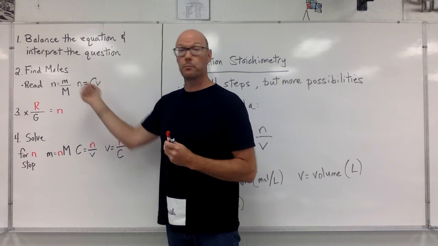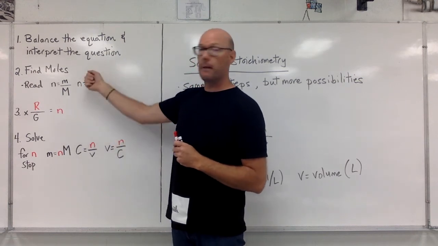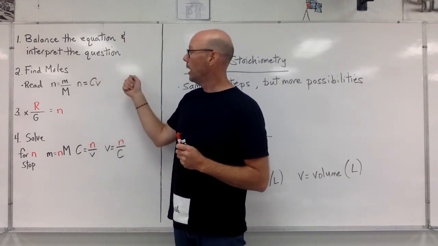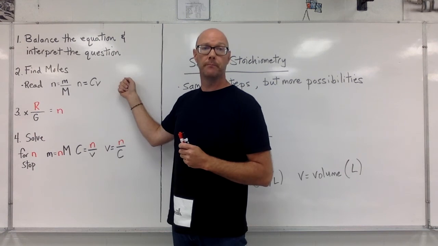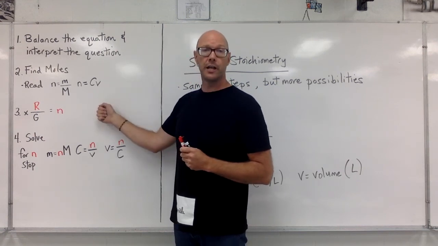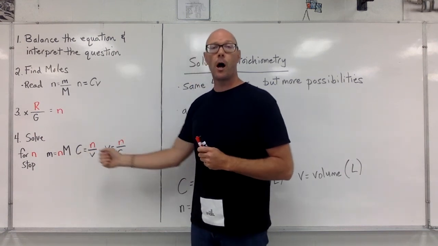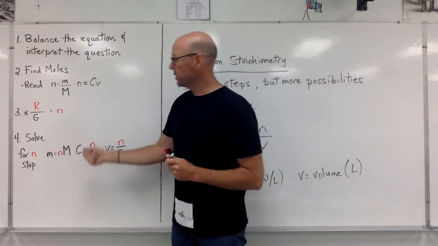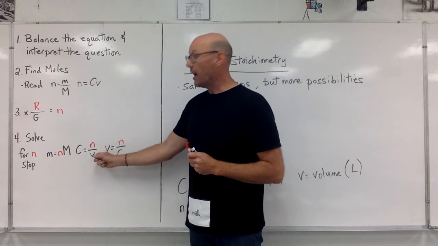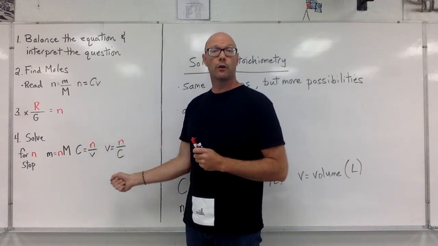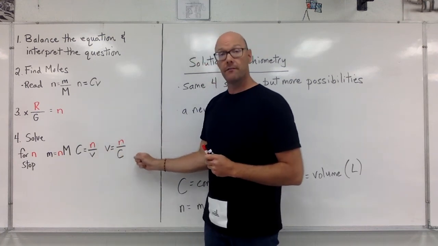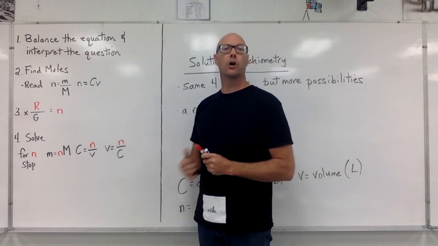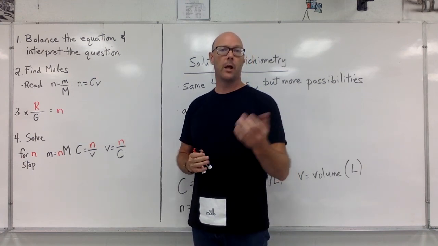We might find moles by reading, by doing mass over molar mass, or C times V. No change at all to the 3rd step, and 2 extra options thrown into our solving step. We might solve for moles, solve for mass, divide by the volume to solve for concentration, or divide by the concentration to solve for volume. And I hope that helps.